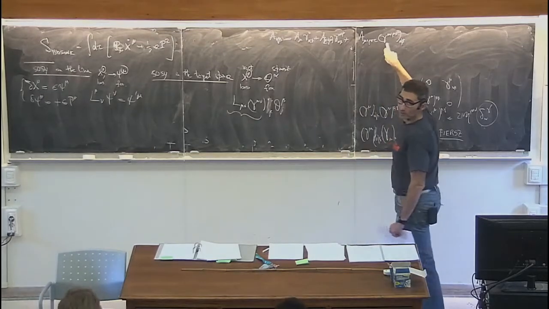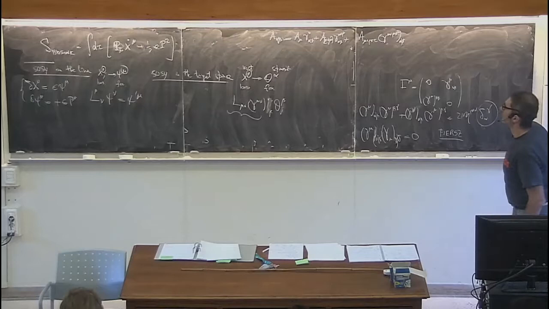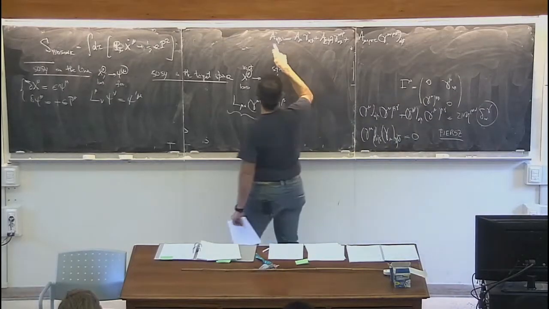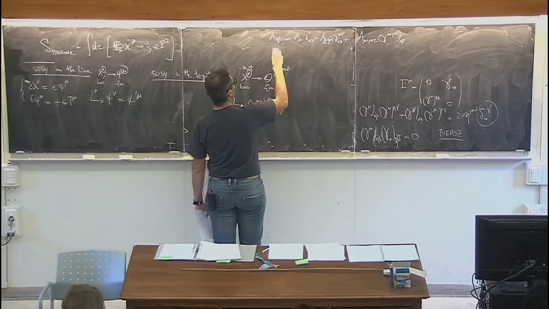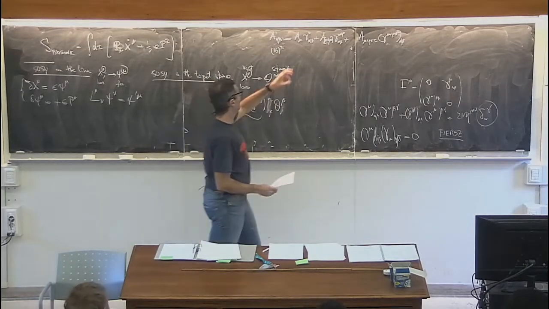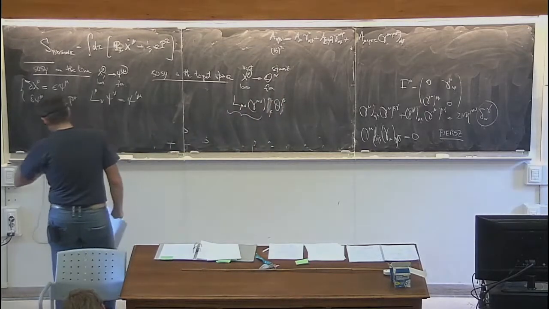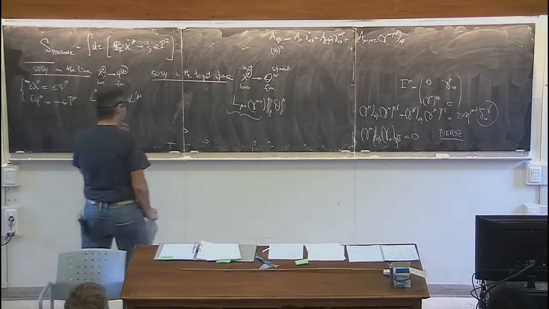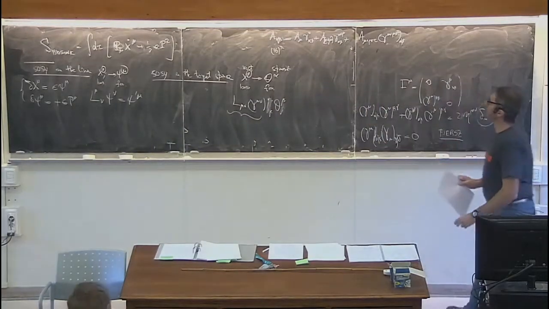So this is the self-dual 5-form of gamma matrices. Let's say this is just a bispinor, so it's 16 squared, and this is decomposed into a vector, a 3-form, and a self-dual 5-form in this way.